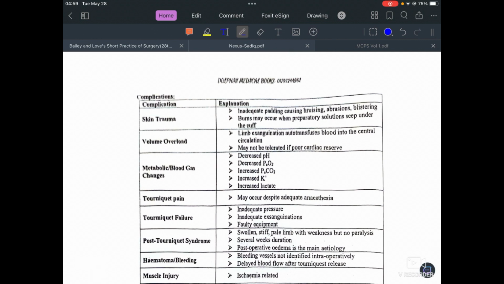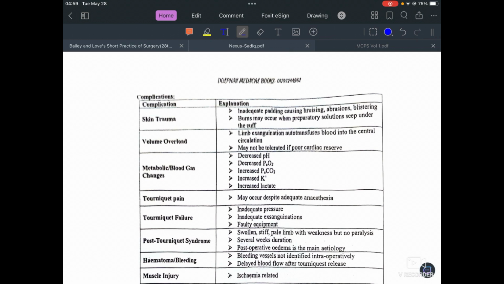Burns may occur when preparatory solution seeps under the cuff. Limb exsanguination autotransfuses blood into the central circulation, which may not be tolerated with poor cardiac function.